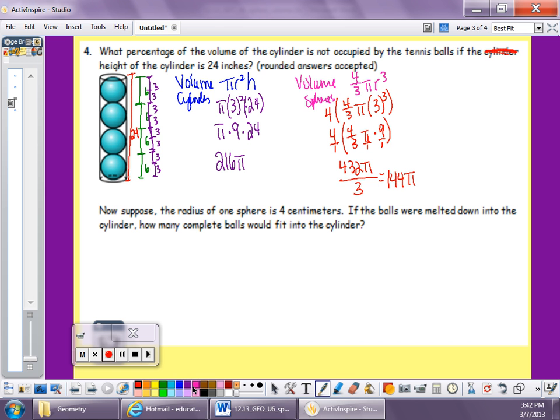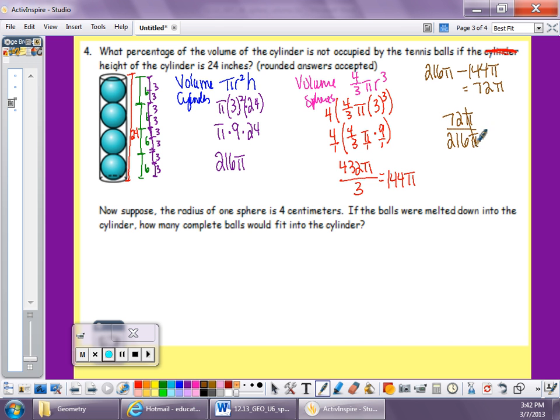So I need the percentage that is not being occupied. So this is the total minus what is being occupied, which then gives me 72 pi. So this is what's not occupied, but because I need the percentage, I need what's not occupied divided by the entire thing.